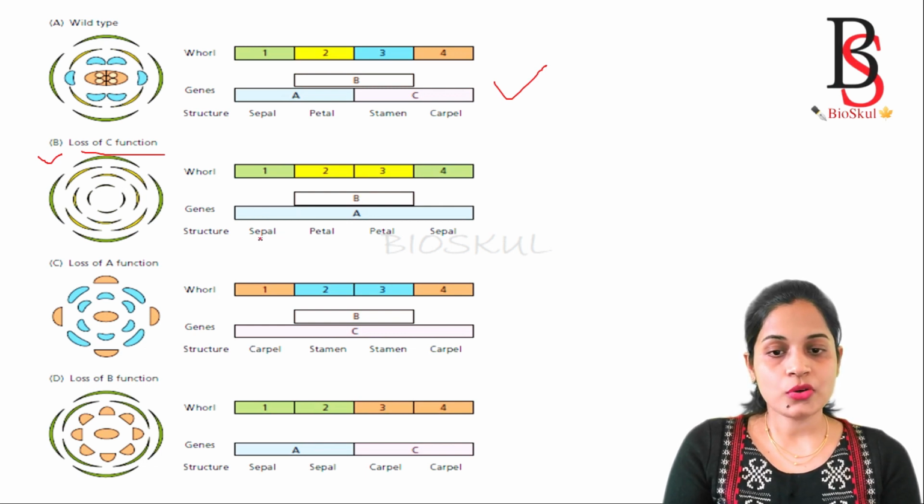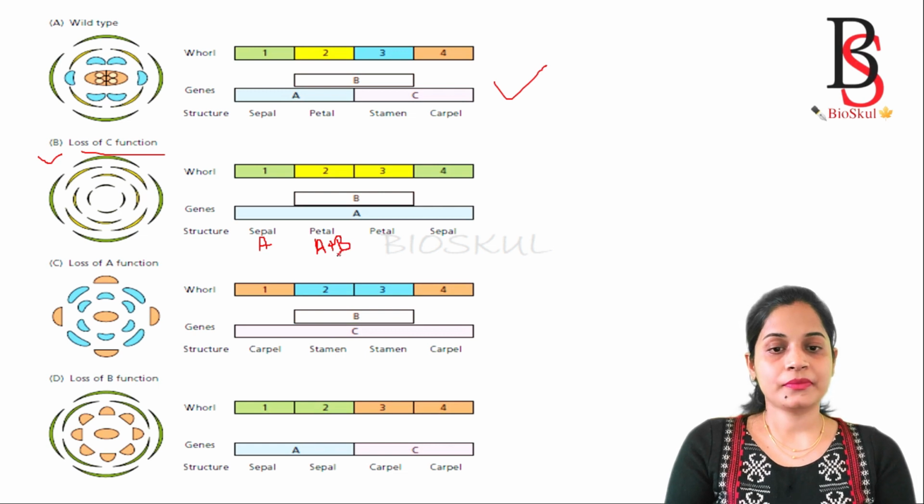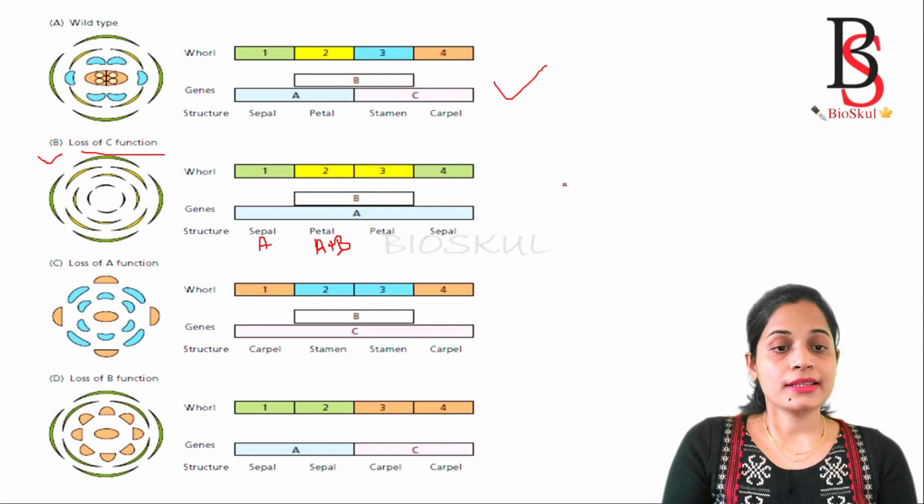The first whorl represents the sepals like A, and the petal is A plus B, so both the A and B genes are present in the second whorl. And the third whorl is the stamen, but the stamen is represented by B plus C, and here the C is mutated, absent.